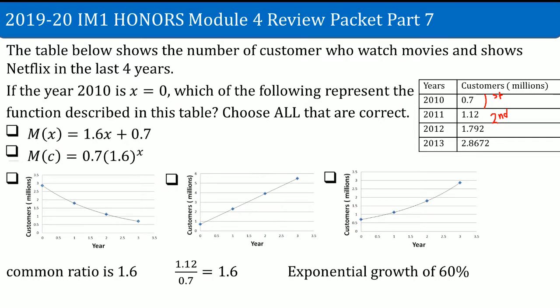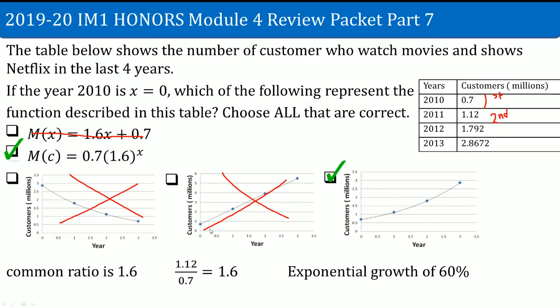It can't be the first one because this is linear, so this is crossed out. It is a growth, so this disappears. This is linear, so this disappears. The answer would be this because it's 1.6 as the common ratio, and this is the only one that is exponential growth. So it would be that one.